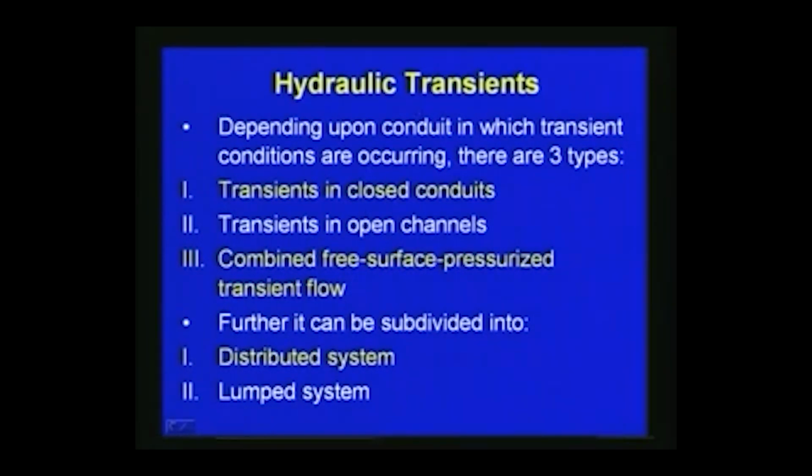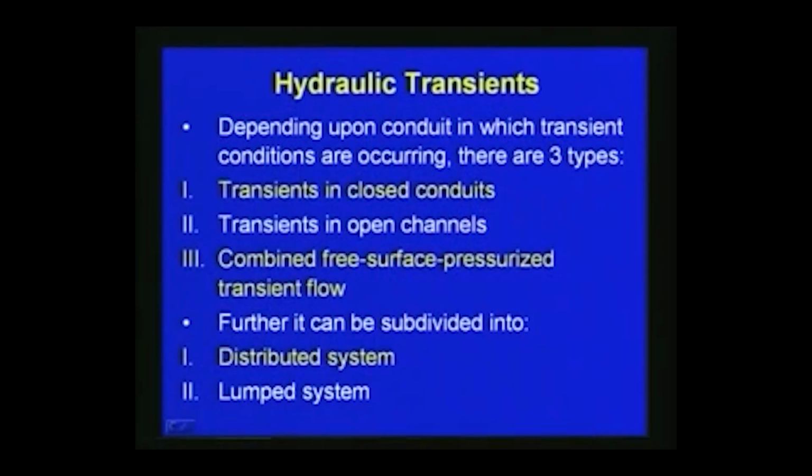So, we can classify the hydraulic transients with respect to what kind of system we are dealing with: hydraulic transients in closed systems, in open systems, or in combined free surface and pressurized transient flow systems. Here in this lecture we are only discussing the transients in closed conduits.